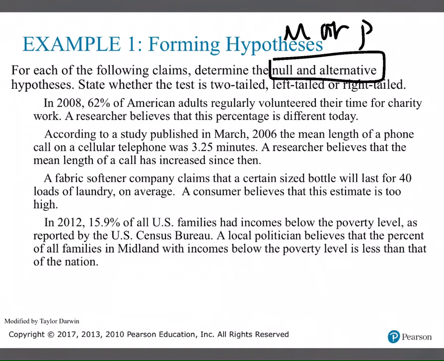We need to figure out if it's two-tailed, left-tailed, or right-tailed. Two-tailed would give us the inequality not equal to. Left-tailed would give us less than, and right-tailed would give us greater than. So I would definitely write that down somewhere. But I'm going to go ahead and move on with the examples.